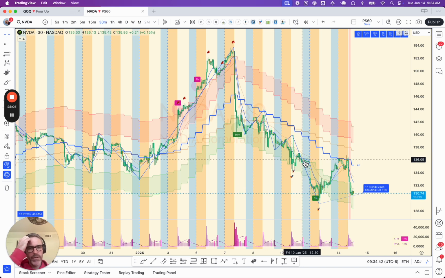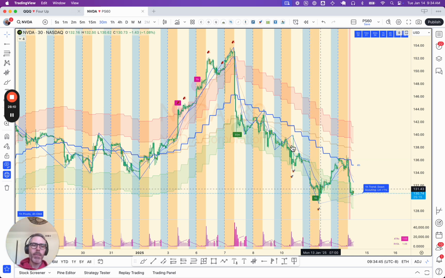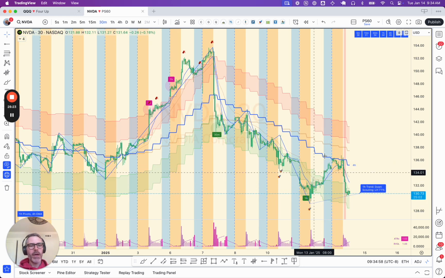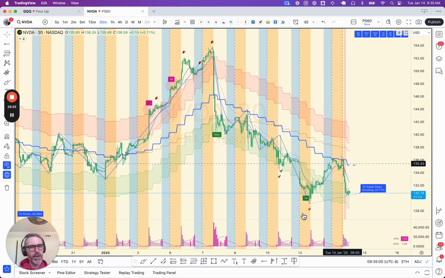I might have actually not held this overnight, but maybe you did. Maybe you go underwater. Who knows? Nothing's perfect. But then you get another move down, and there's another rocket ship down here, and then a strong move up. Actually, yesterday it didn't feel strong. It was strong into the close, and then a failure back down.